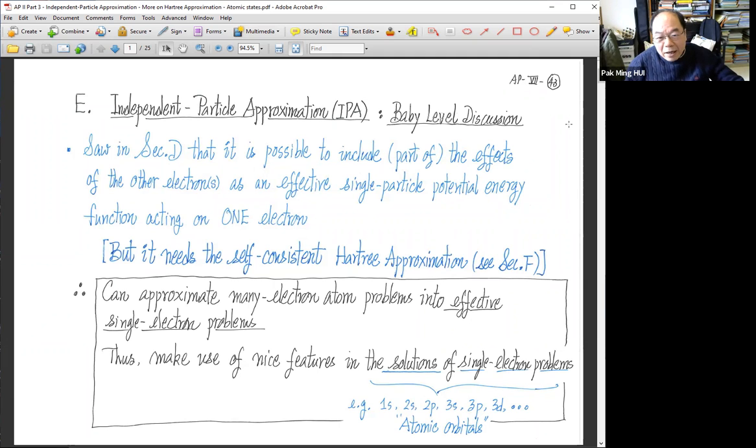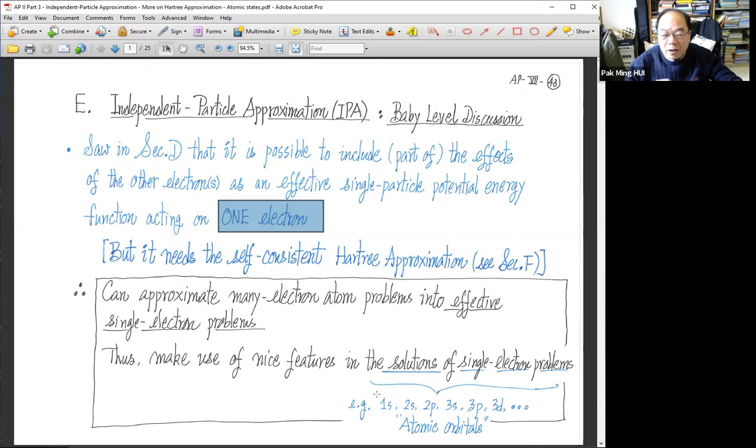Okay. Here, I marked it as a baby level discussion because the higher level discussion has to do with what we just did, the self-consistent iterative calculations. So after we have this Hartree idea, we know that we can focus on one electron and then write down this effective single electron equation and then start doing the calculation and look for the energy for atomic states.